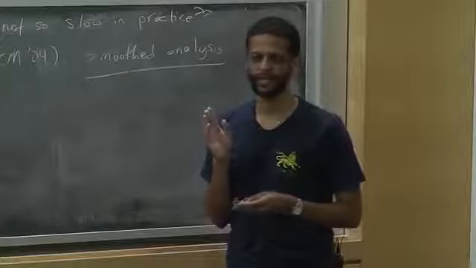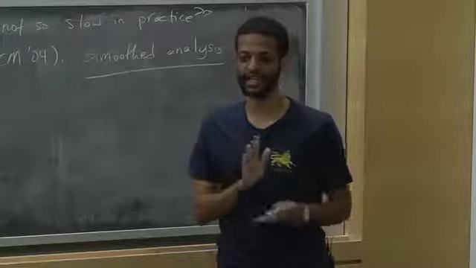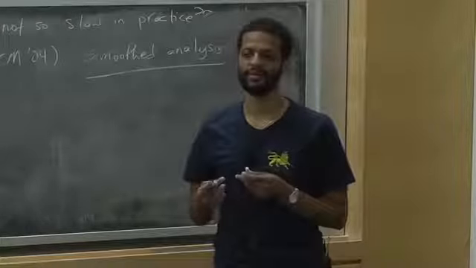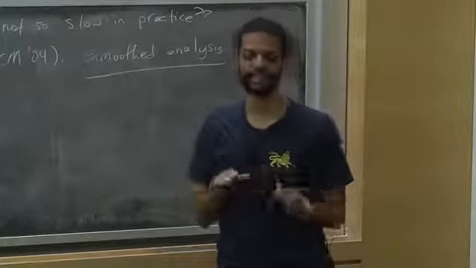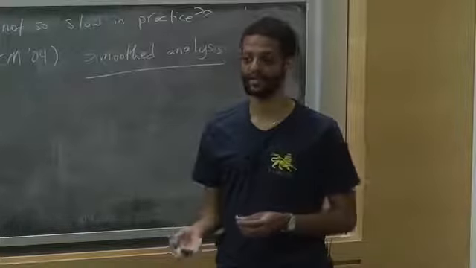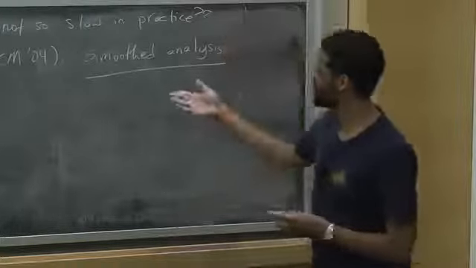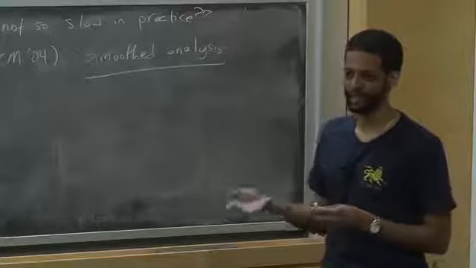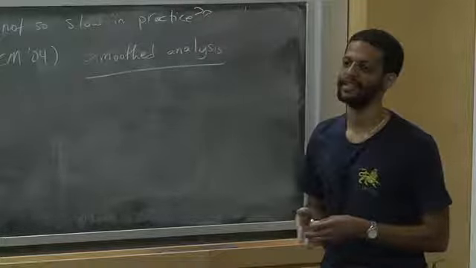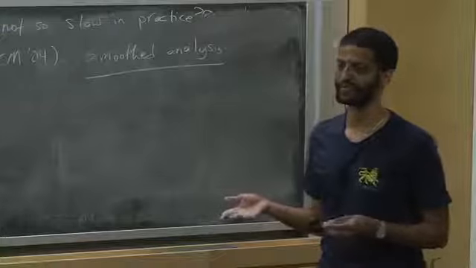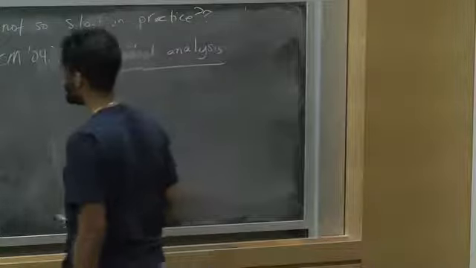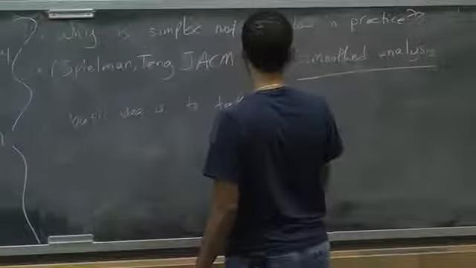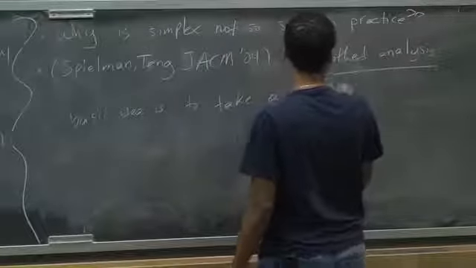So it's like a randomly perturbed worst case instance. And then you ask, what's the expected running time on the worst case in this setup? What Spielman and Tang showed was that for simplex, with a particular pivot rule that they analyzed, it's polynomial time.